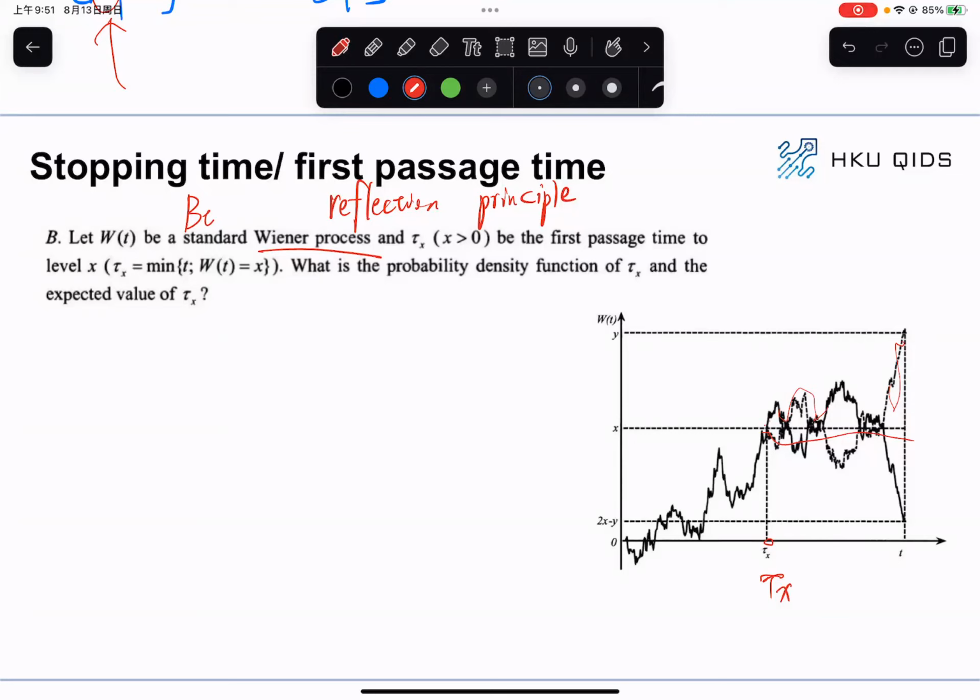So how can we solve that? Because it is trying to ask us to first find a PDF, right? So we need to find its distribution, which means we need to find the probability that tau_x is smaller than or equal to t. But we also need to consider the x, because we know that tau_x is the minimum t such that W_t equals x, which means we also need to consider W_t larger than x.